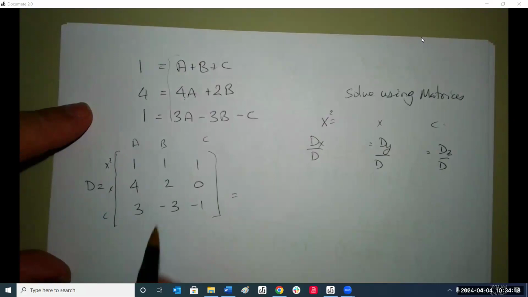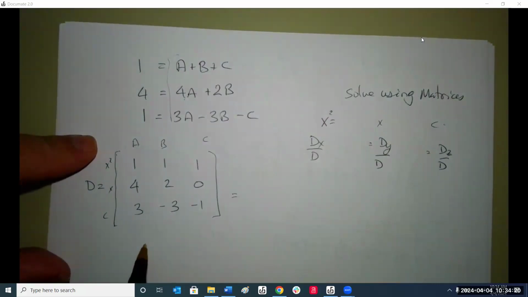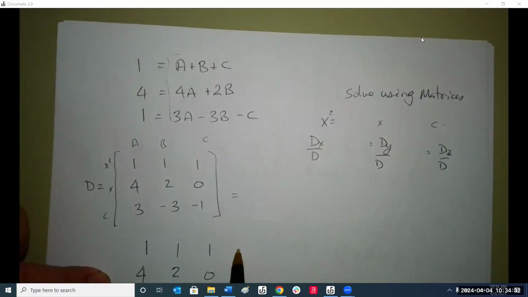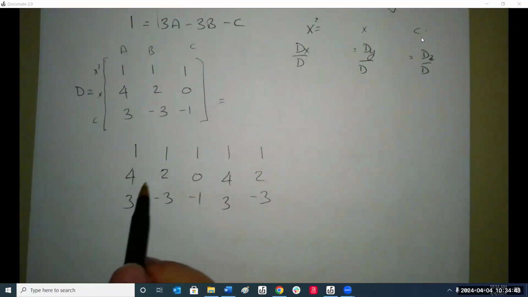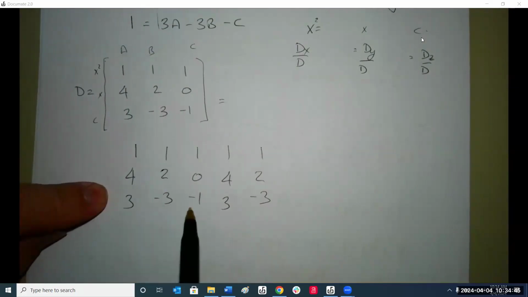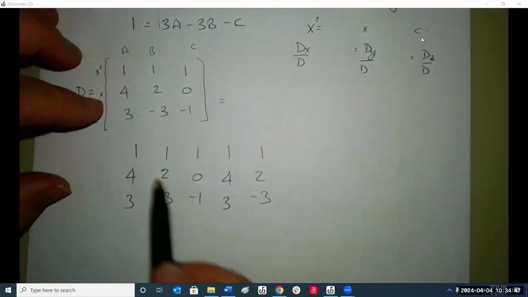The way you do this if you have 3 by 3s is write down the equations, and then recopy the first 2 columns, take these and put them at the back. So we have 1, 4, 3, 1, 2, -3. Okay, I just took these and then repeated the first 2 columns.